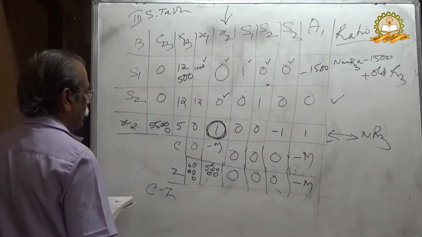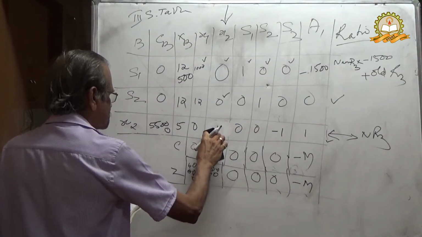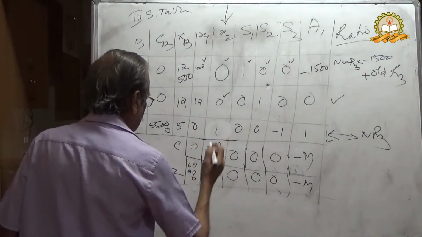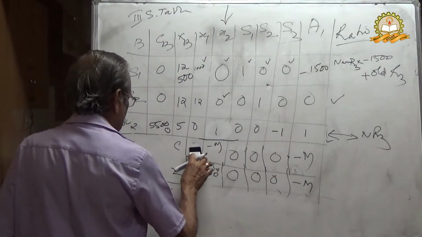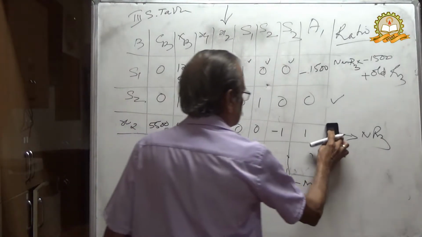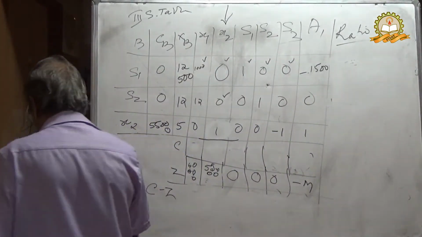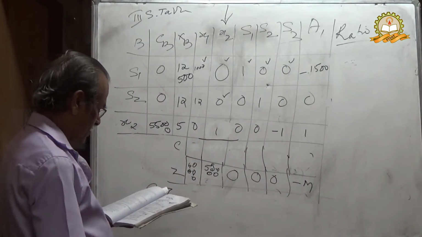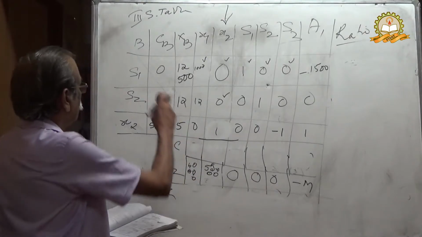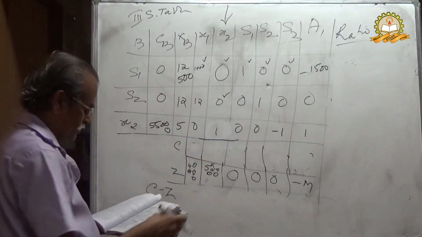Therefore, the revised third table will be as follows. This is your revised table: S1 equal to 0, S2 equal to 0, and X2 and A1 interchange.